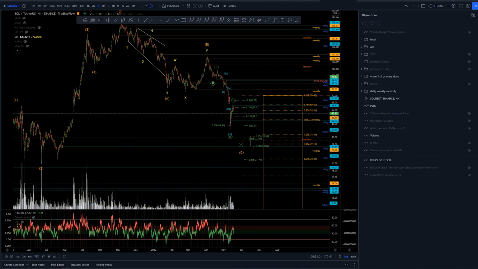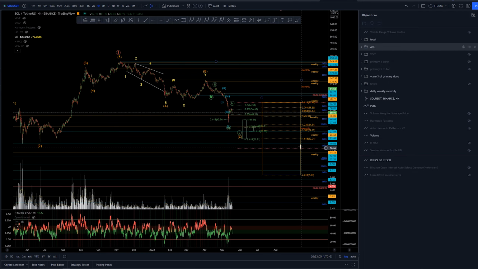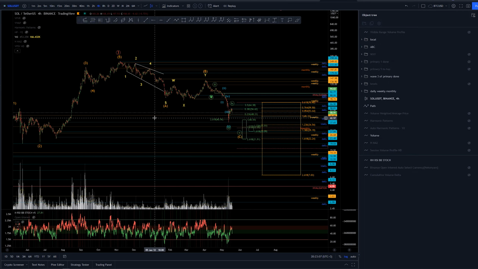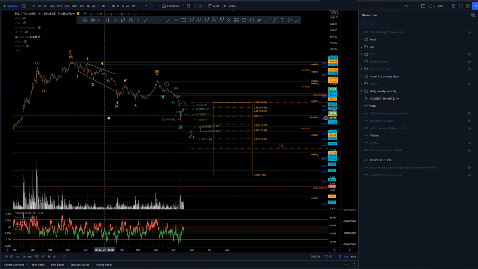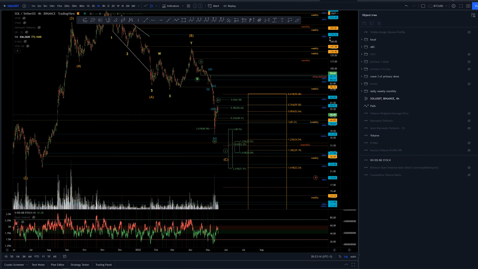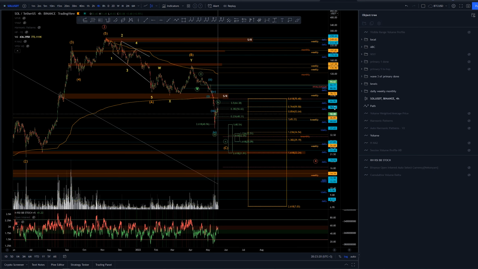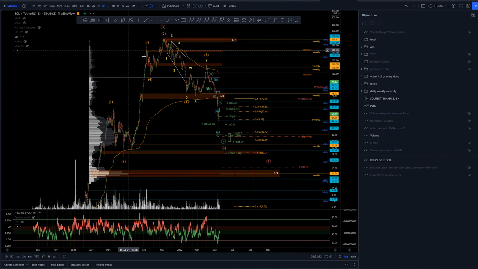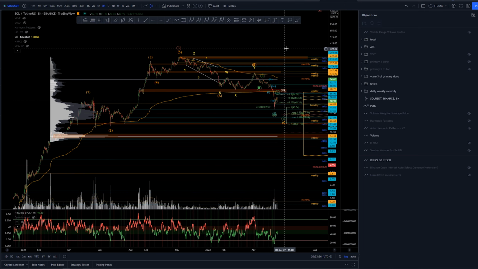Plotting down some daily, weekly and monthly closes, and I'm still going to keep all these levels here, just so we can see what we're actually looking at. Also, let's plot down some levels here and get a bit higher time frame. Hopefully you can still see something here.